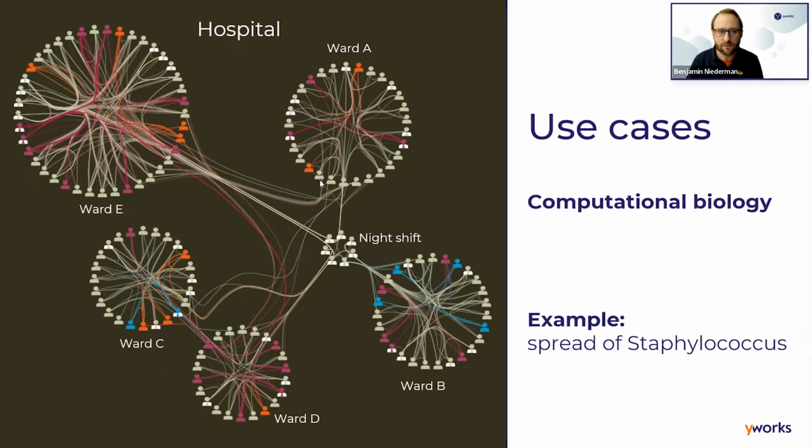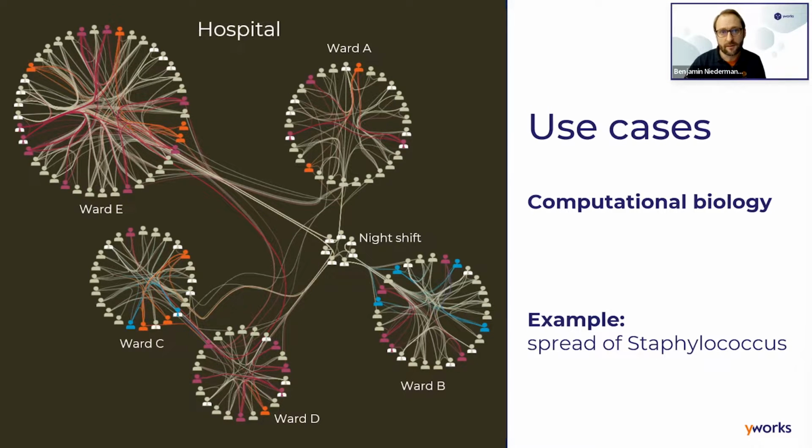This is information that is contained in the data that we are given here. And the edges then describe the connections between the people. So here, for example, in this ward, you see that there are many connections between the people and only few connections going to the other wards of the hospital. And this also gives you a very simple possibility to visualize a really complex network with different clusters and different groups. Later on in the coding example, I will use this example to show you how to configure the circular layout in the yFiles library.